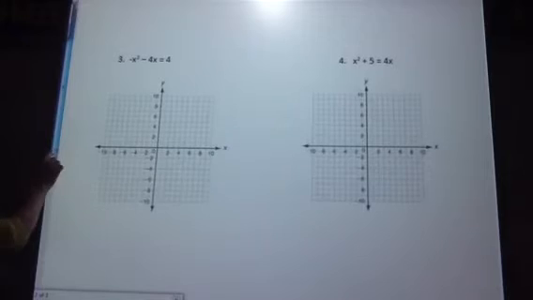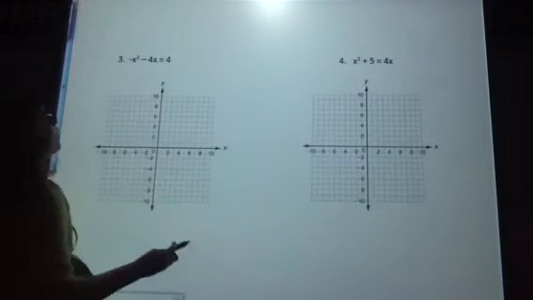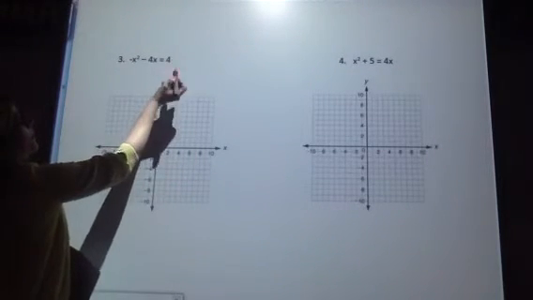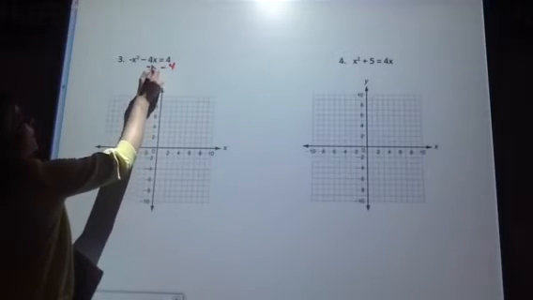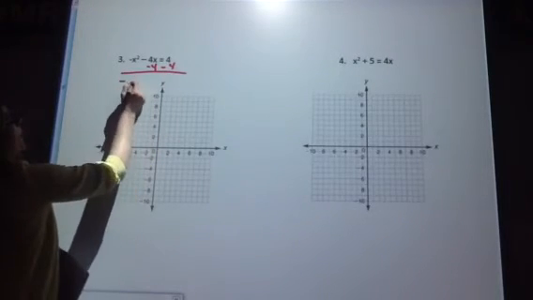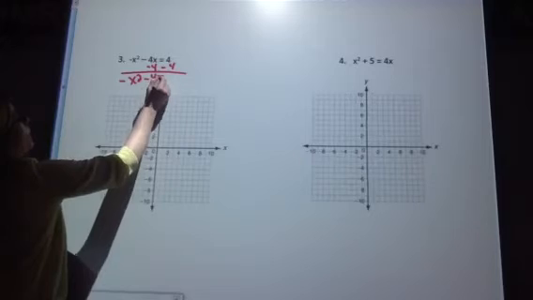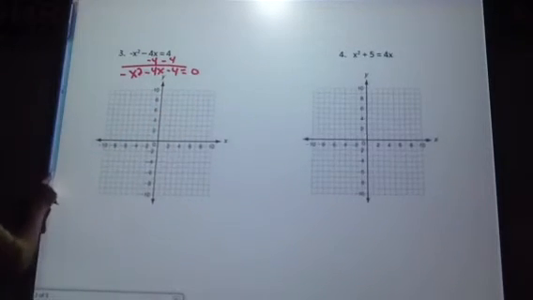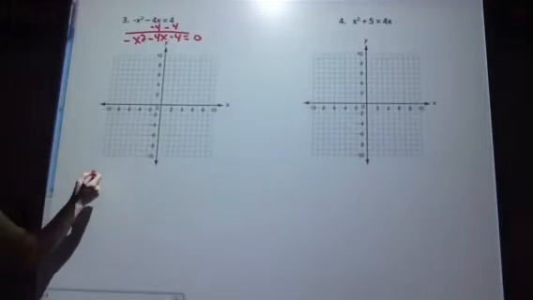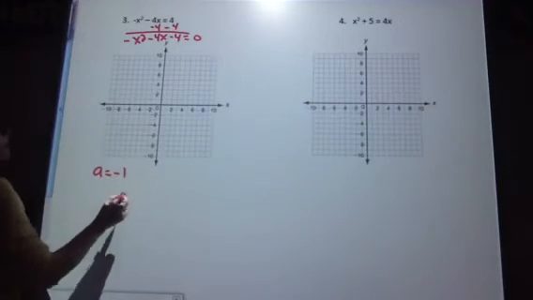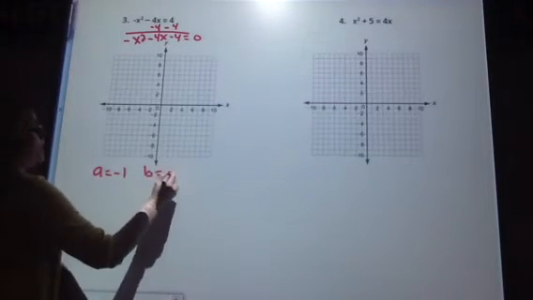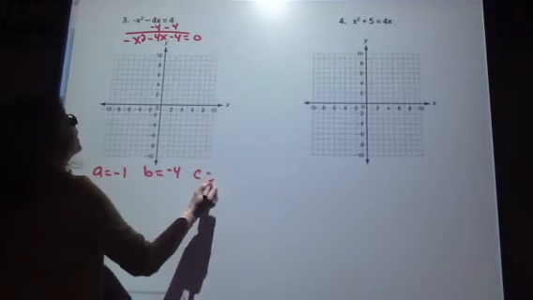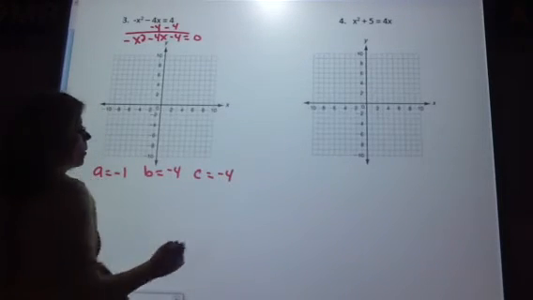Okay, so we need to get this in our quadratic equation form, and we need this to be 0. So let's subtract 4 from both sides. So we have -x squared minus 4x minus 4 equals 0. A is a -1, B is a -4, and C is a -4.